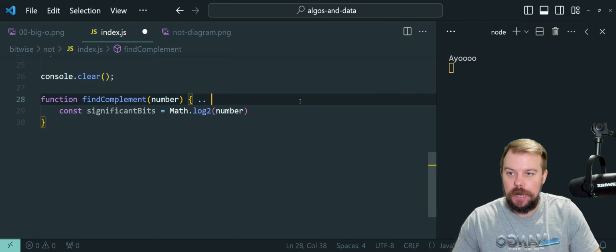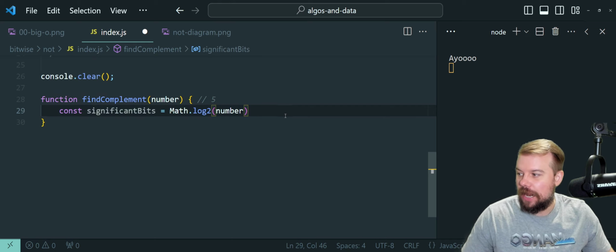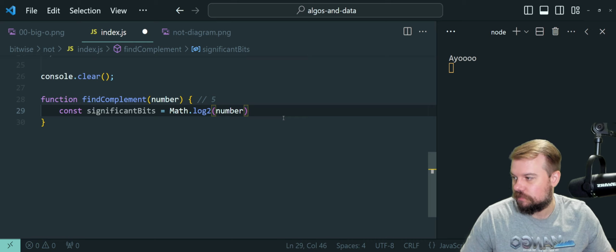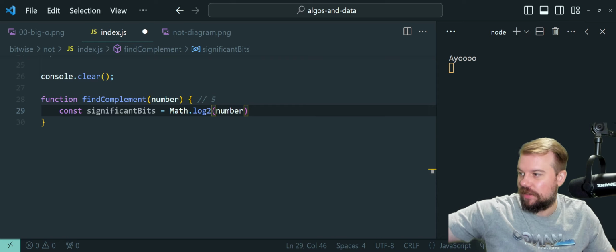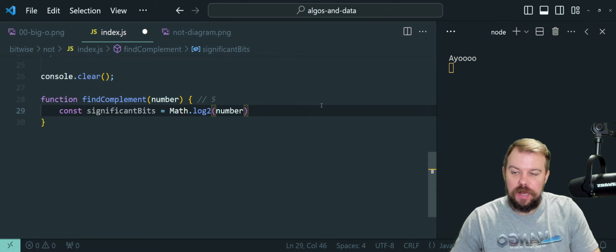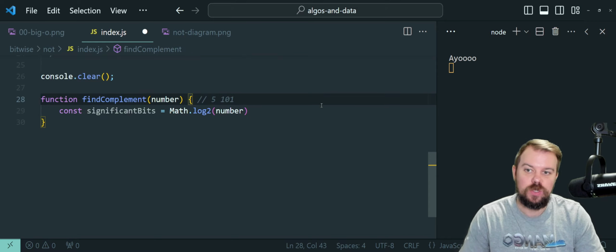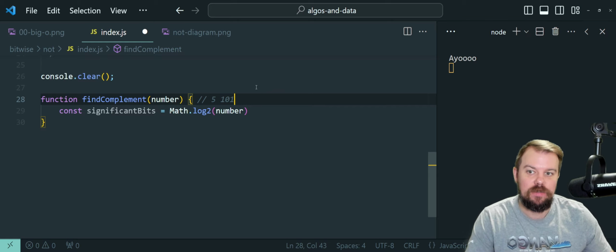So again, if our input number was 5, then our outputted value is like 2 point something, right? I can't remember what it was off the top of my head. You'd think I would have looked this up beforehand and memorized it. But either way, we know the binary version of 5 is 101, and because these significant bits start counting from 0, we get 0, 1, 2.